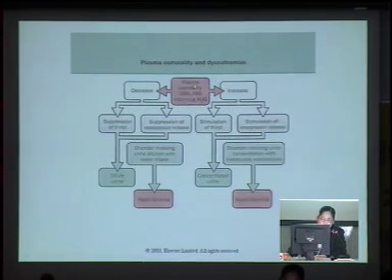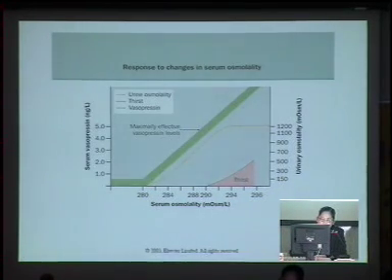Thirst mechanism: when the serum osmolarity changes, thirst is either stimulated or suppressed, and ADH or vasopressin is stimulated or suppressed. The balance between these two is important. Again, plasma or serum osmolarity is maintained in a narrow range, about 280 to less than 285.